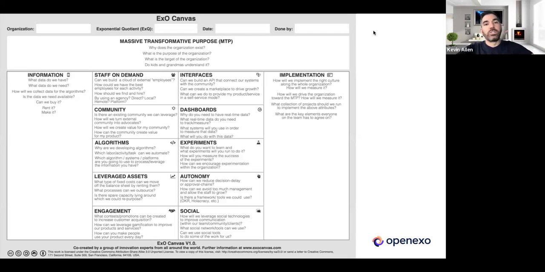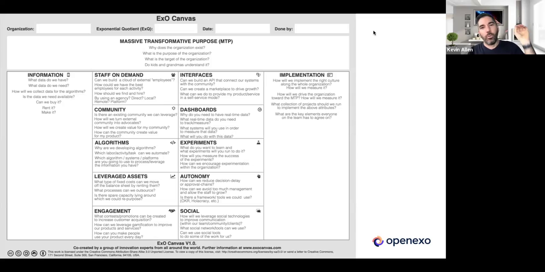So what is, of course, vital is that if you do find from the assessment that the organization has no massive transformative purpose at all, that can sometimes derail this process slightly, and really building a strong MTP, which this masterclass is not about, and there are a number of masterclasses around purpose and MTP.